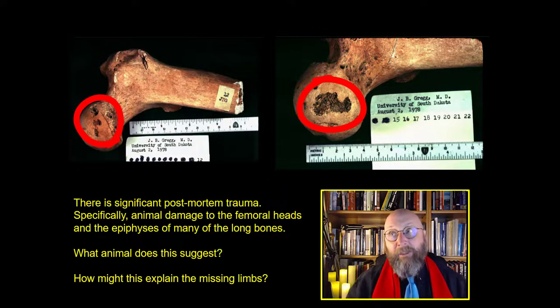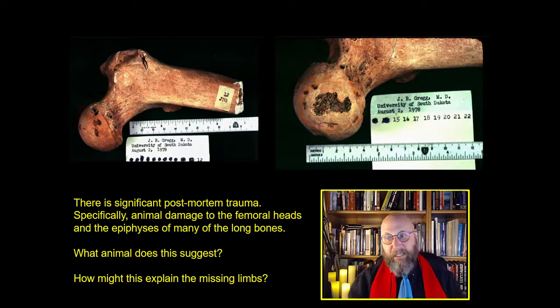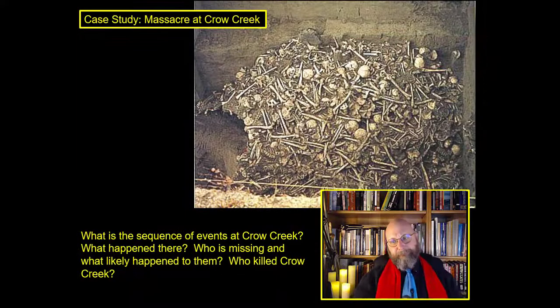And these are canines with very large teeth. So what animal does this suggest? And also, this should solve one of the little mysteries of the missing bones from the bone bed. Since we know these animals are present, it should explain why we're missing certain skeletal elements.